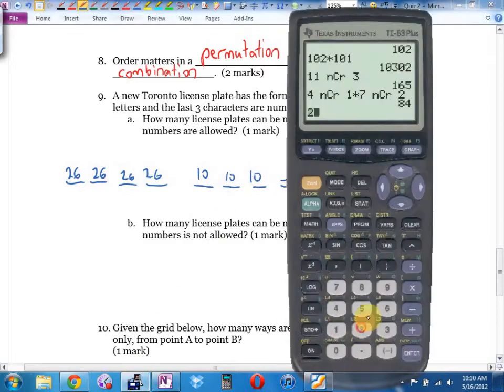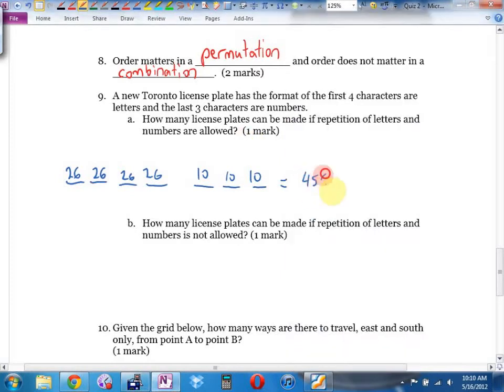The short way to type that would be 26 to the 4th times 10 to the 3rd, and you get 456,976,000 possible license plates.